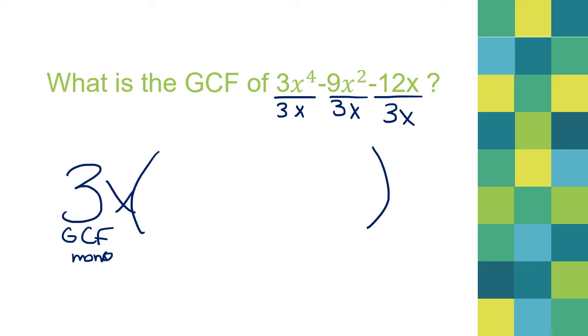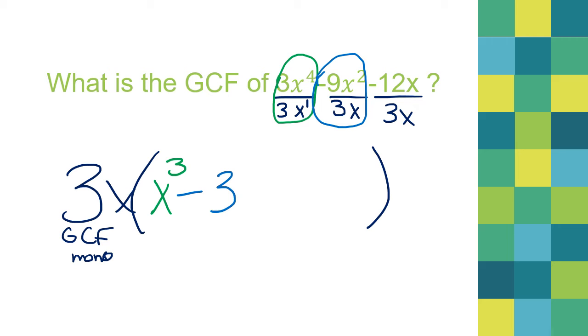So now I want to actually divide. 3 divided by 3 is 1. x to the 4th divided by x to the 1st. When you divide like bases, you subtract their exponents. All right, let's take a look at our next term. Negative 9 divided by positive 3 would be negative 3. x squared divided by x, or exponents 2 minus 1, is 1.